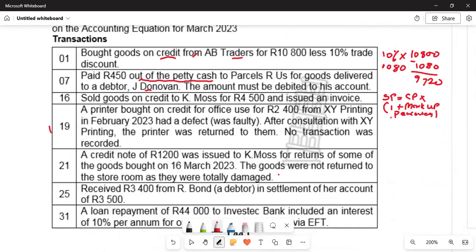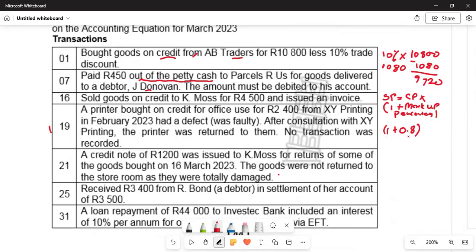So it simply says we are going to add to it the 80% markup on the cost price, that percentage. So we are going to say 1 plus 0.8.